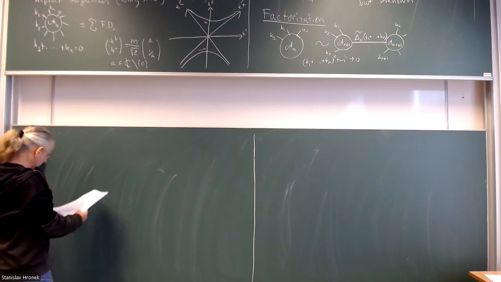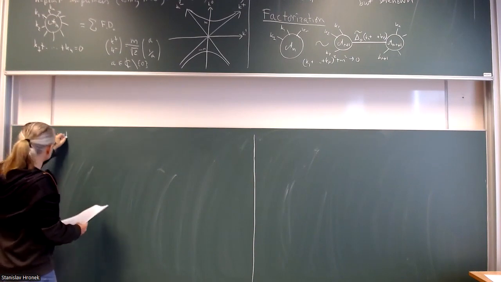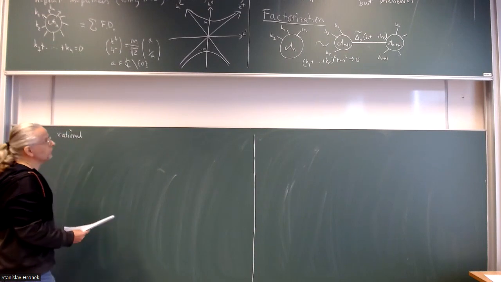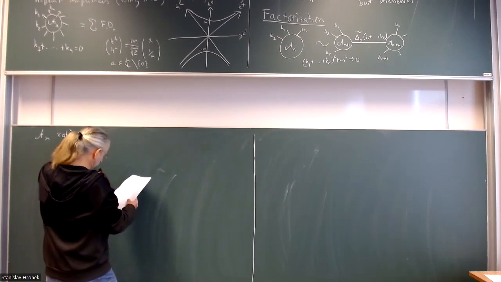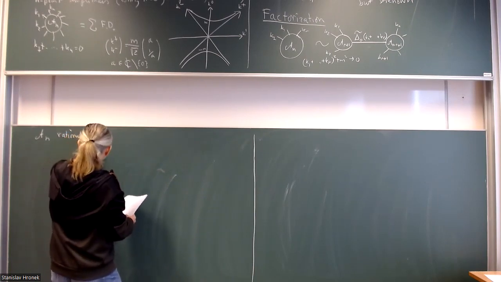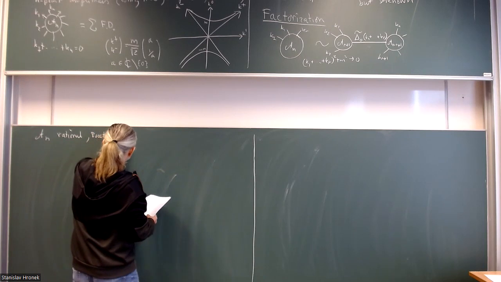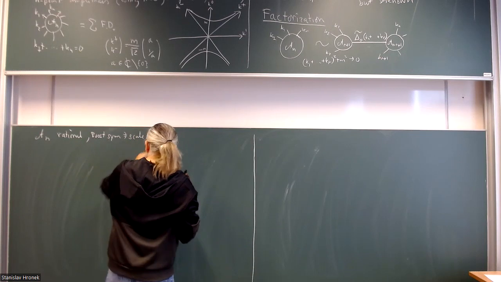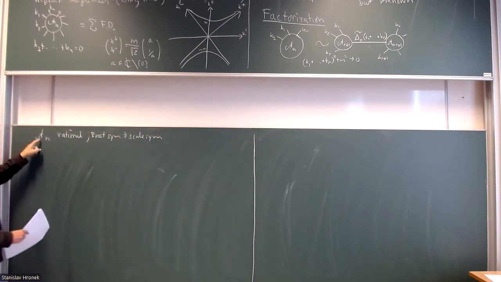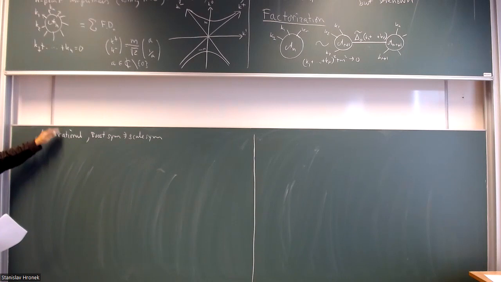from the fact that we know that An is a rational function of the momentum, and from the fact that the symmetry was scale symmetry, we know that the order of this rational function, so there's a polynomial in momentum upstairs and downstairs, had to be the same because of scale symmetry.